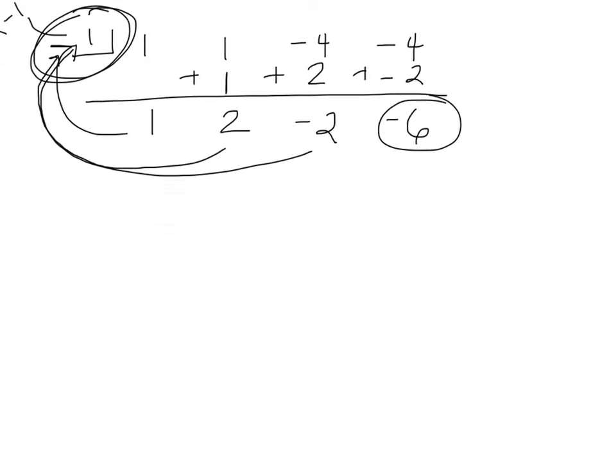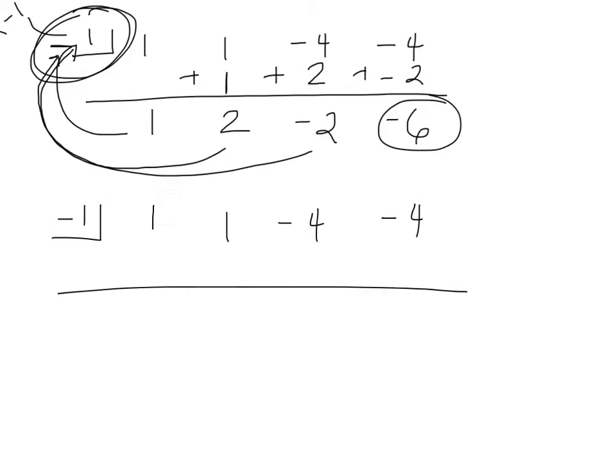Okay, so again, we need to write 1, 1, negative 4, negative 4. We test the opposite of 1, which is negative 1. We bring down the first, and then multiply. You get negative 1. You get 0 when you add. 0 times negative 1 is 0.